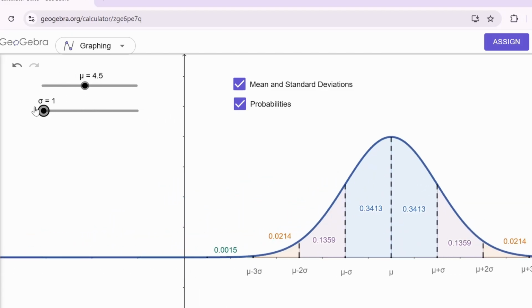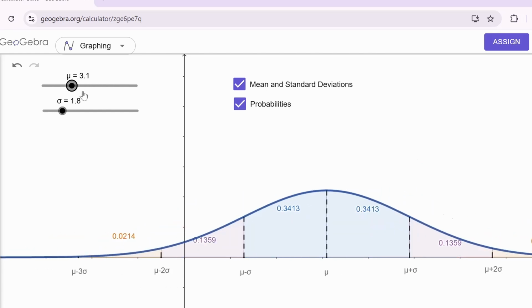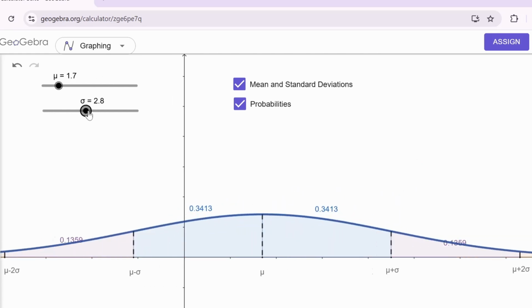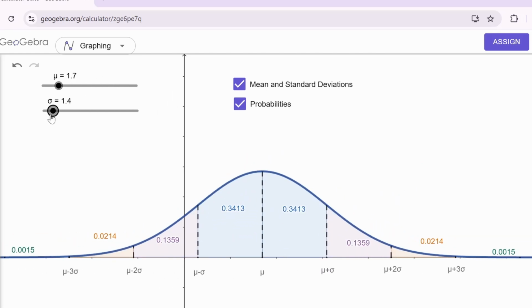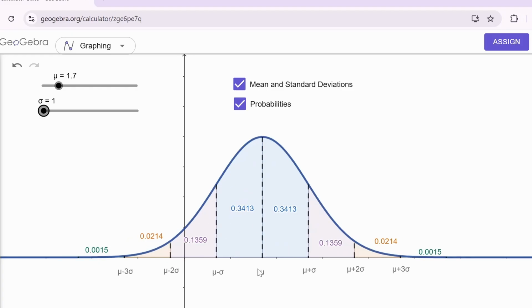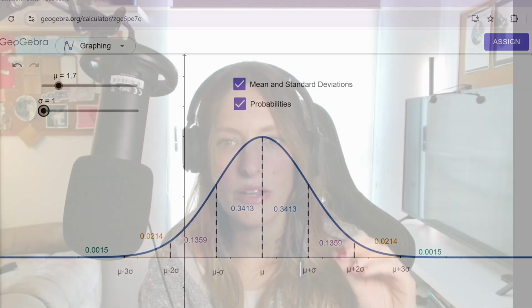So if you remember these values, and I highly suggest that you learn them, you can calculate a lot of probabilities, a lot of situations that involve normal variables just by knowing this data. So if you have a normally distributed random variable and you know the mean and you know the standard deviation, you can calculate a lot of probabilities if you are in values that are at a certain standard deviation from the mean.